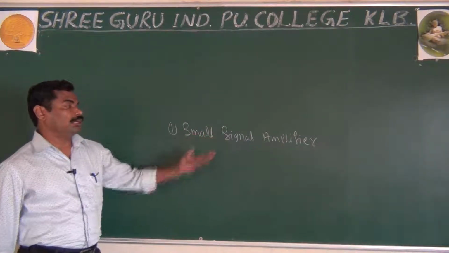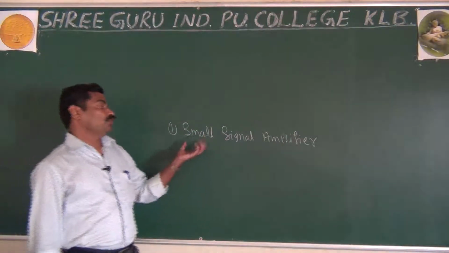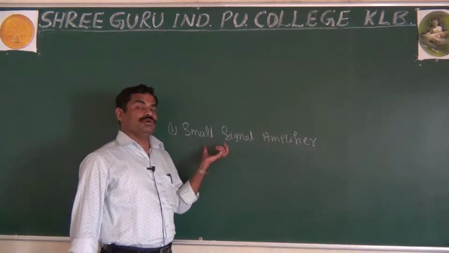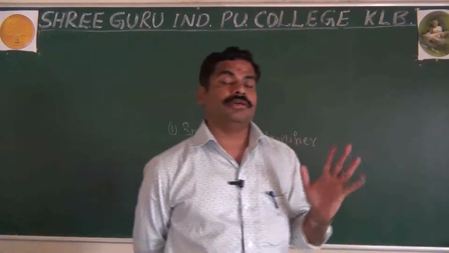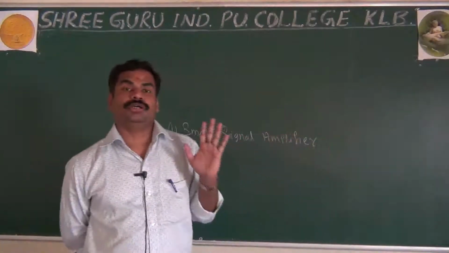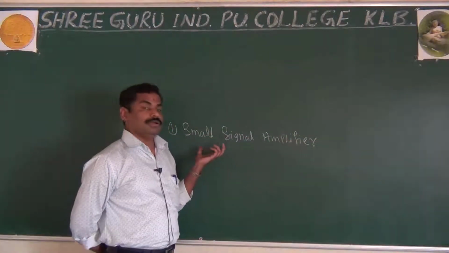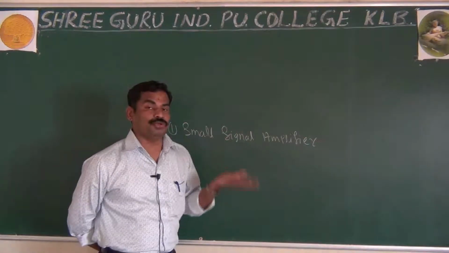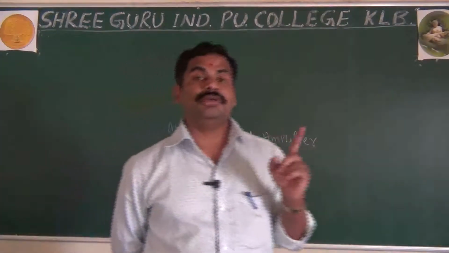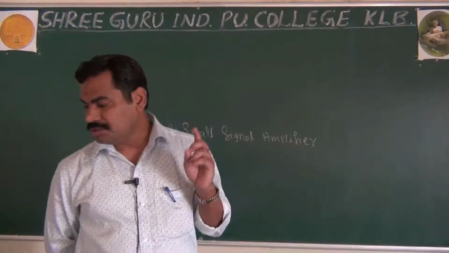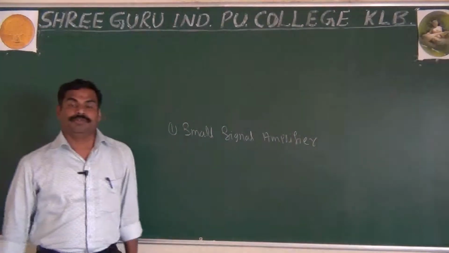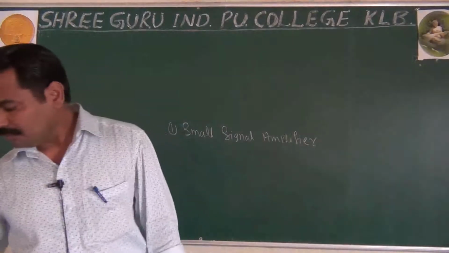How can we write about the small signal amplifier? In a small signal amplifier, you are applying the input voltage. The important thing: the amplitude of the input signal will be less than the Q point values.